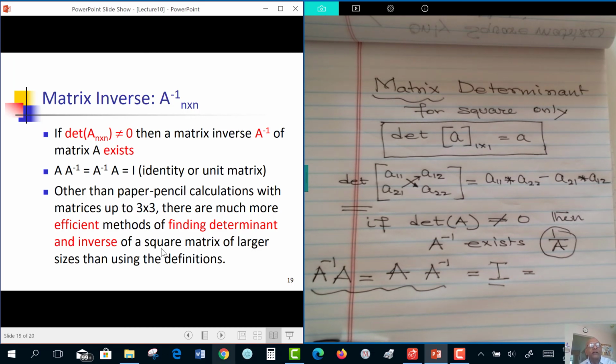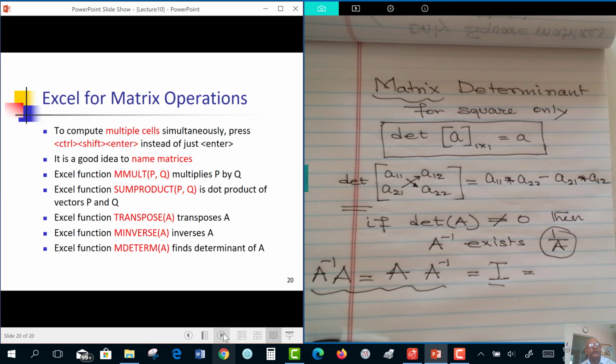So as written here, other than paper and pencil calculations, 2 by 2, 3 by 3 is okay. After that, finding determinant and inverse using these mathematical definitions is not very efficient. Now it turns out Excel is basically a big, huge table. Each worksheet is a big, huge table. So it's perfect for doing matrix calculations.